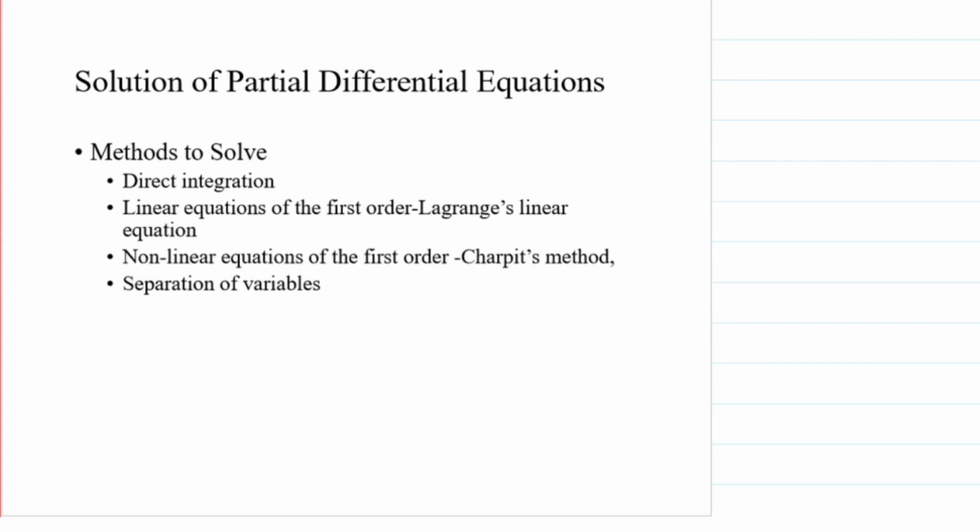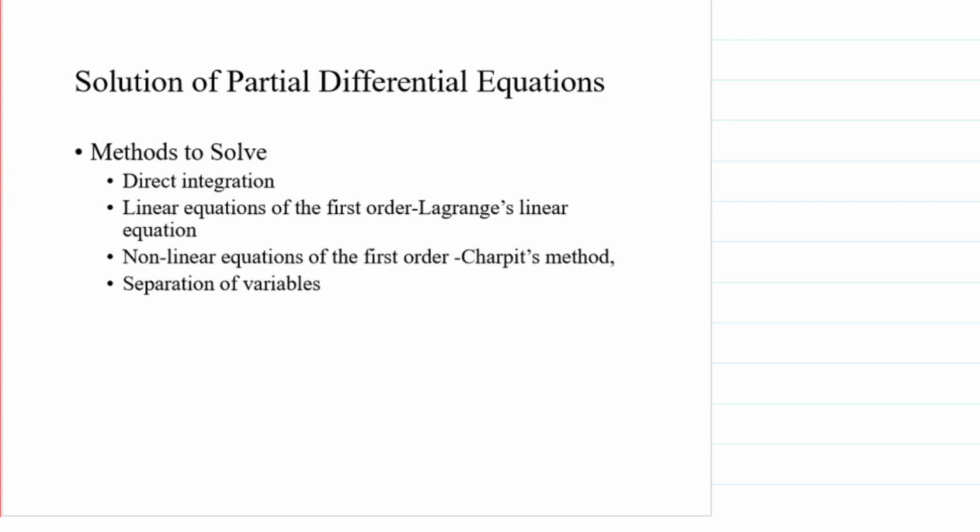Now let us see how to solve a partial differential equation. In this particular course, you have 4 different methods to solve a partial differential equation. They are the direct integration method, Lagrange method, Charpit's method, and separation of variables method.